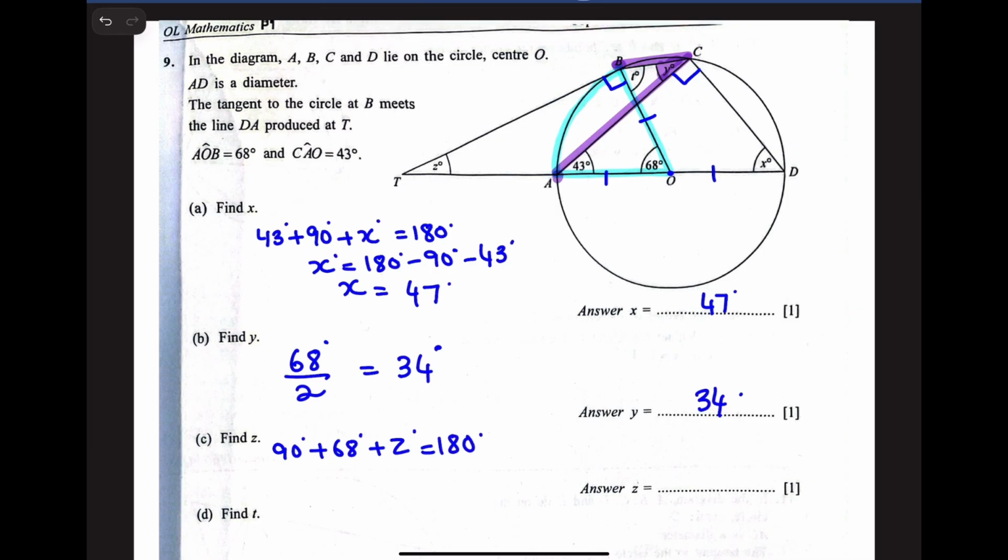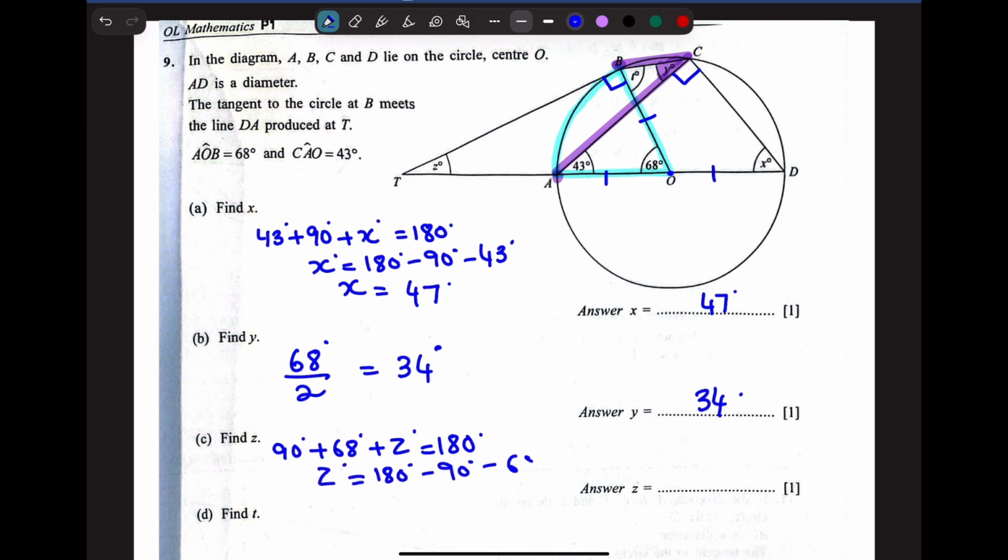Because we are looking at triangle BTO, this triangle. The sum of angles in a triangle is 180. So Z is going to be 180 minus 90 minus 68, which gives Z as, not 12, 22 degrees.